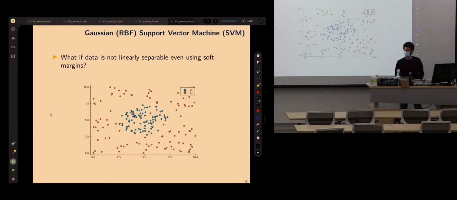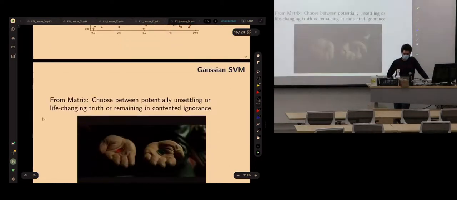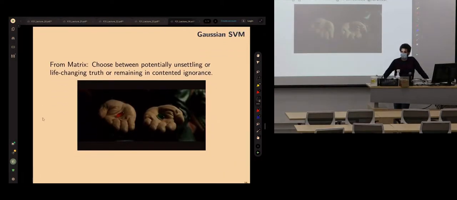You're having doubts. Maybe we can. Well, that's a good time to show you this. Are you ready for the truth? It can be unsettling. The obvious answer was no. You cannot find a line that separates them.